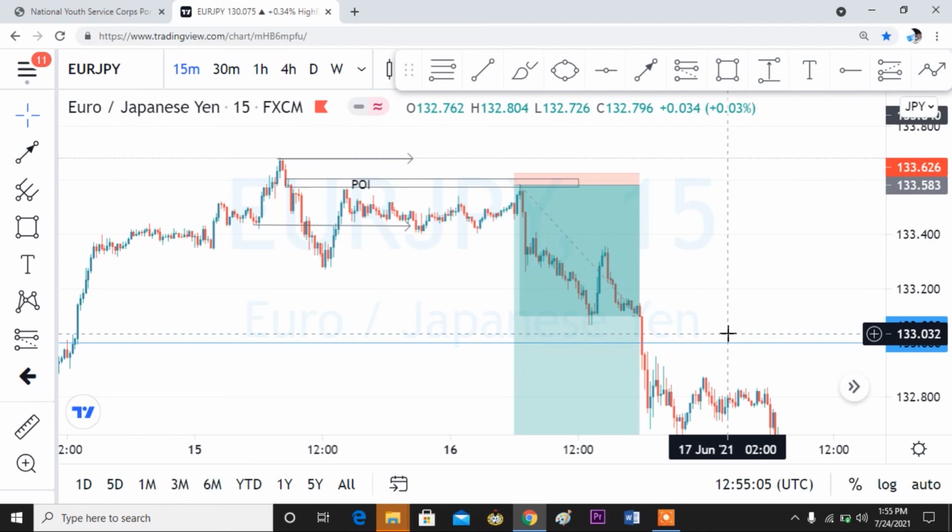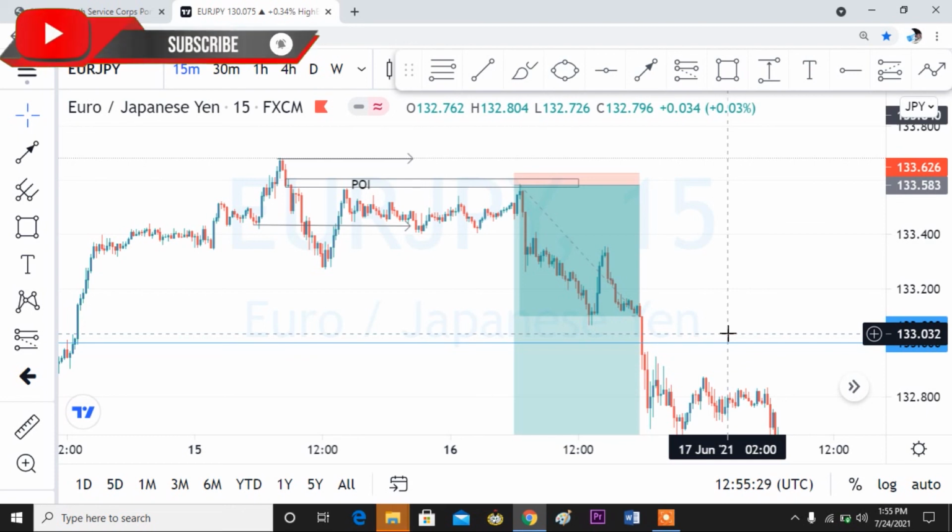You have to locate your swing high and your swing low, wait for a break to the upside or downside, and look out for the last bearish or last bullish candle that resulted in the break of market structure, swing high or swing low.